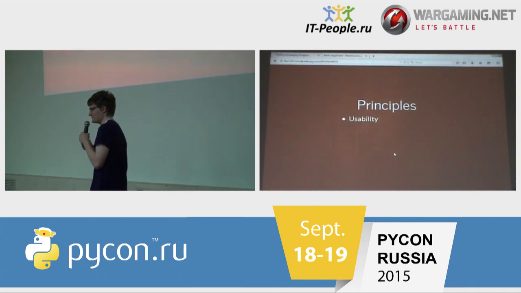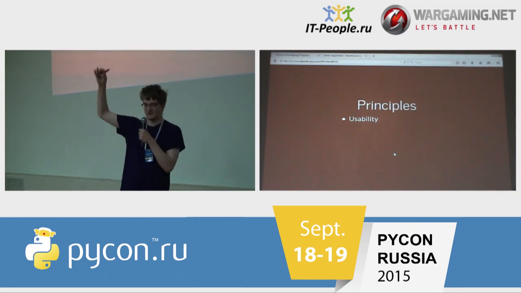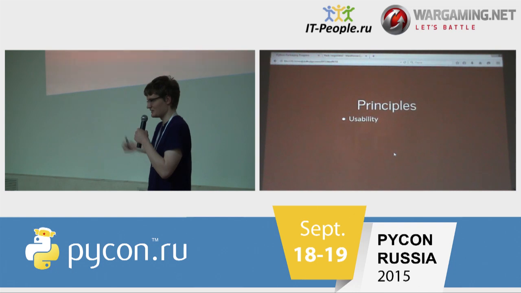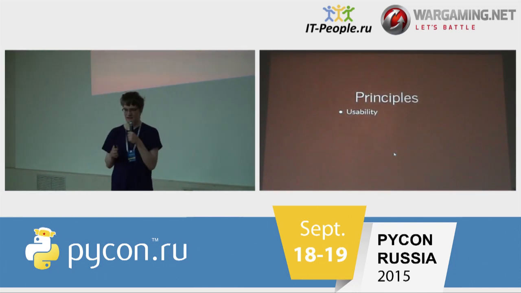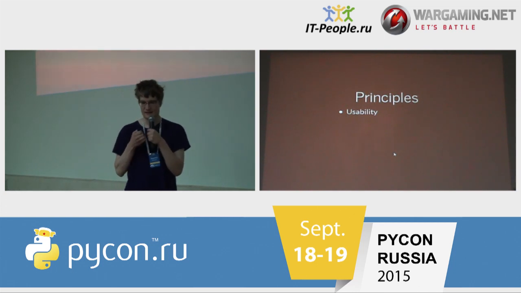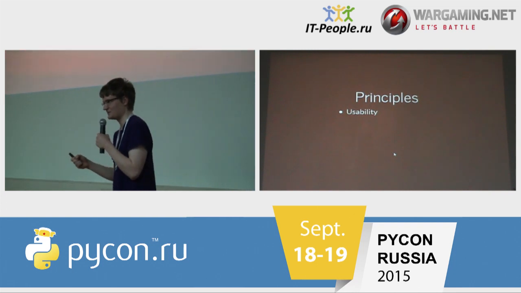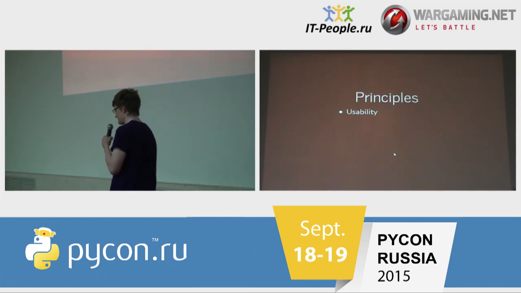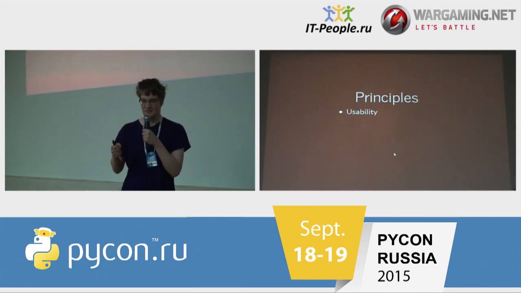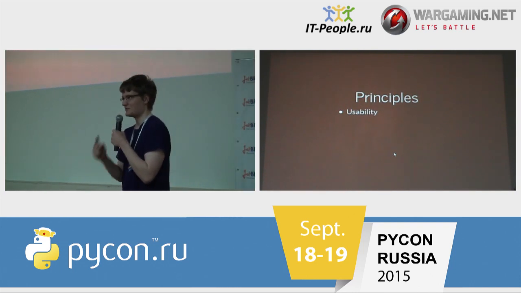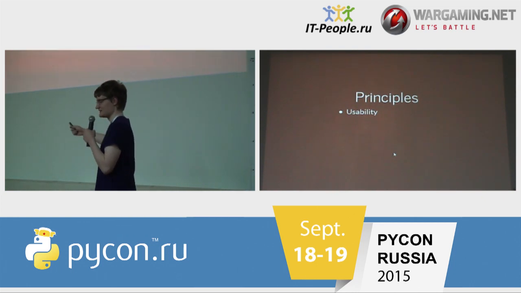So one of the first ones is usability: you shouldn't have to know about the giant word cloud which I showed you earlier in order to start using Python packaging, and the needs of the simplest use cases should be simple to do. People always want to do sophisticated things with Python packaging, and probably they should be able to, but they should never break the simplest use cases, like, as I showed you, installing Django and starting to use it.